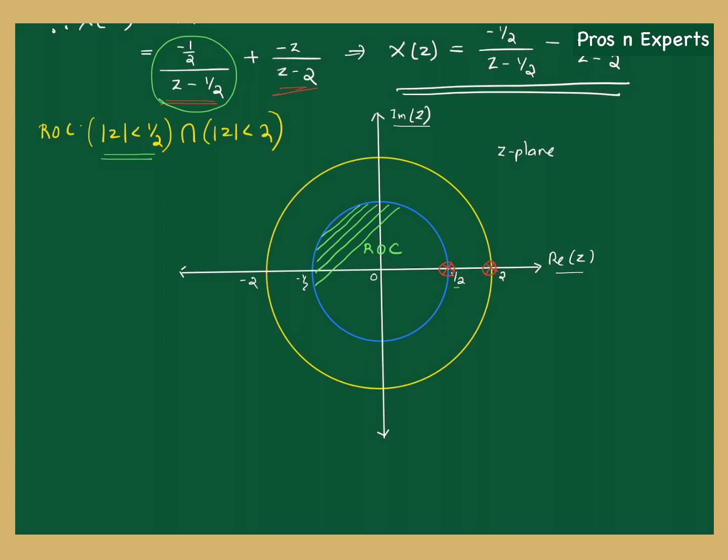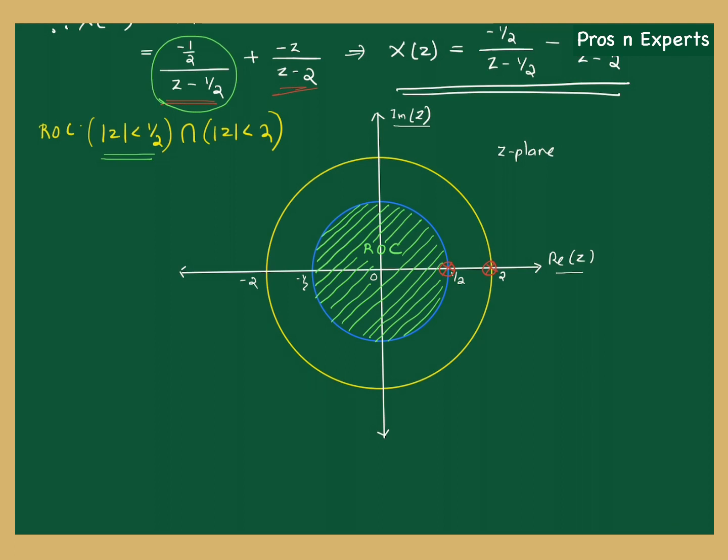The pole is 1 by 2. That is special for a left sided signal. A left sided signal will always have an ROC like this, inner to the innermost pole. So this is the ROC corresponding to mod z less than half.